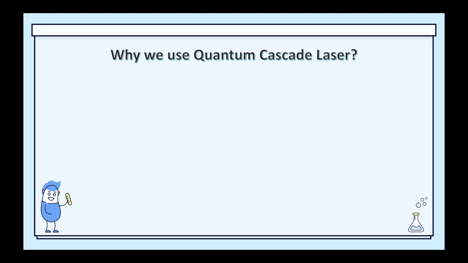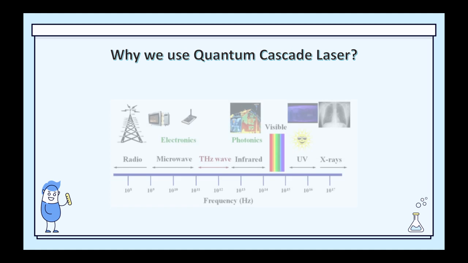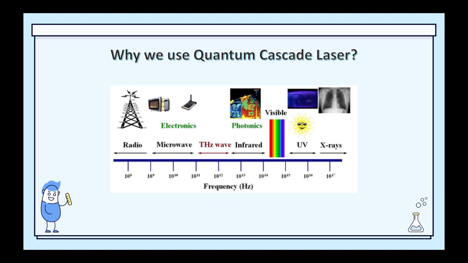First, the quantum cascade laser is a new laser that is in the spotlight because it has three main advantages. First, the oscillation wavelength is not limited to the band gap of the material, and it can be designed from the mid-infrared to the terahertz band with the same material.